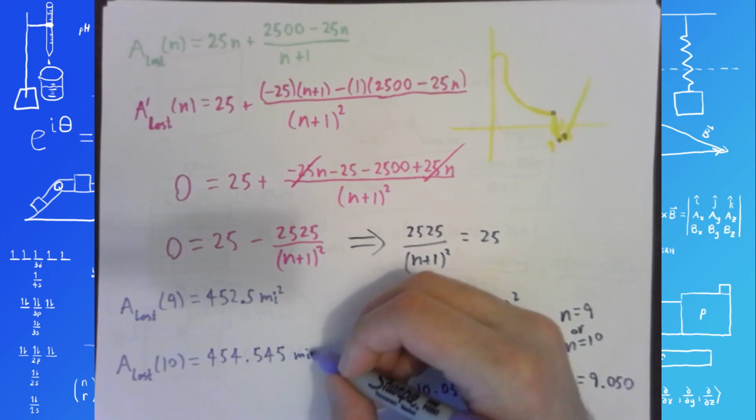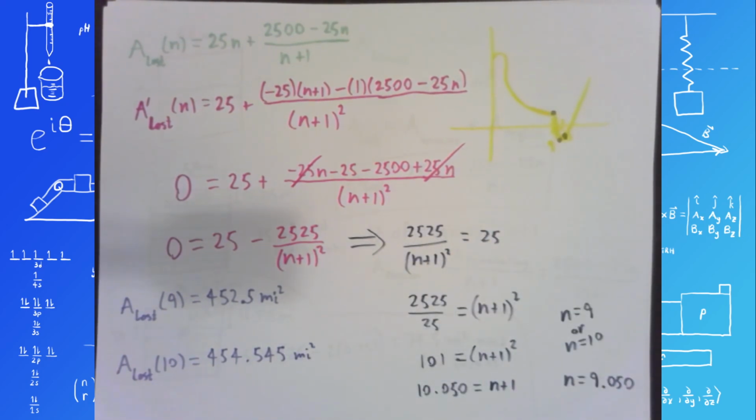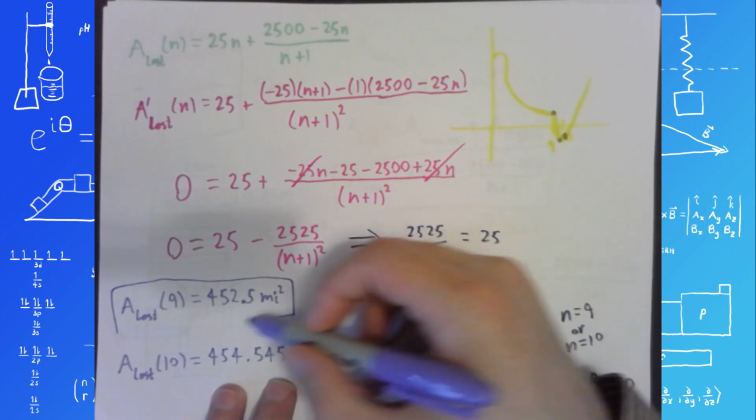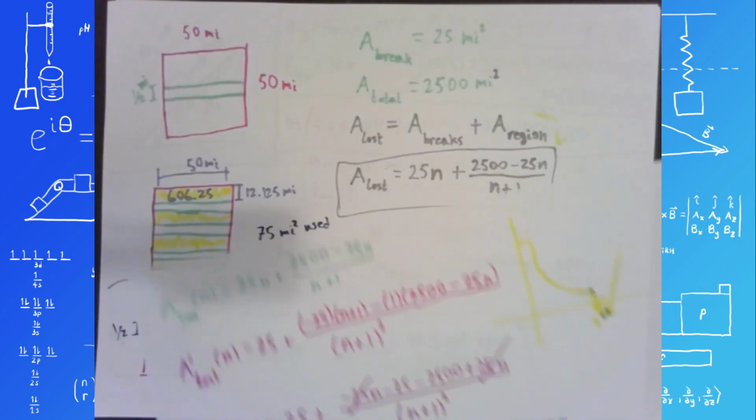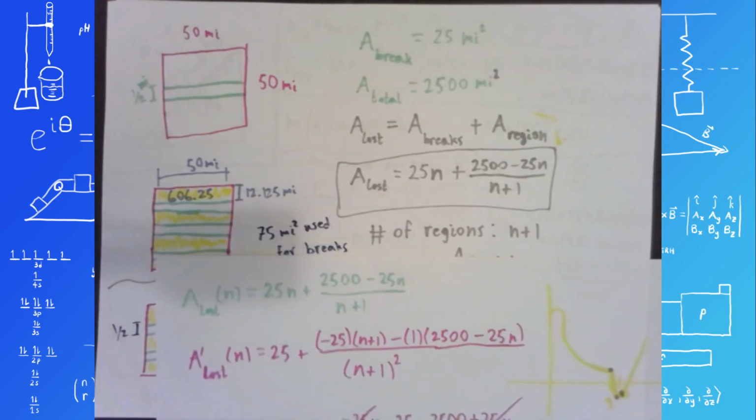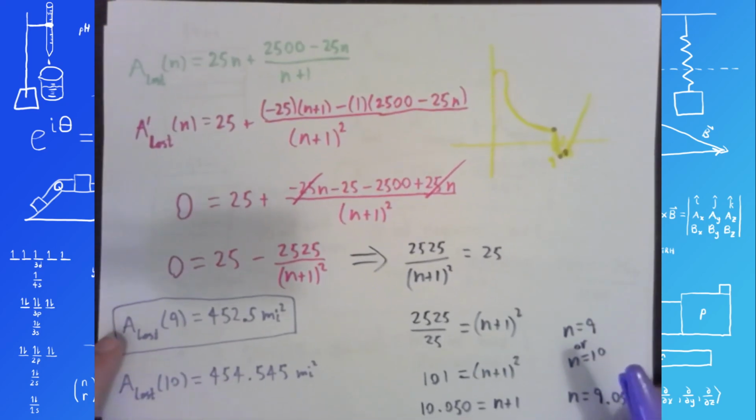So it's really close. But alas, 9 wins out. You lose about 2 square miles less area with 9 fire breaks compared to 10, so 9 is the winner. We have ourselves a winner with 9 fire breaks. You lose 452.5 square miles overall, assuming that a fire starts in one of your yellow regions, your usable regions.